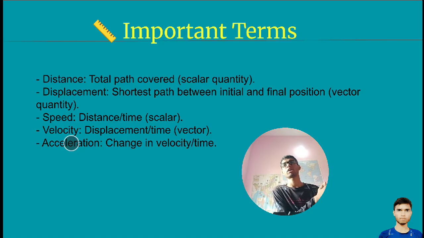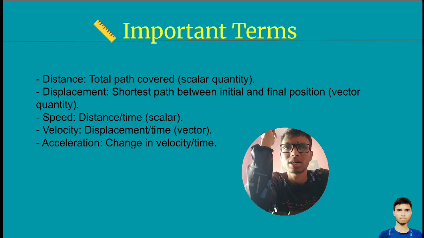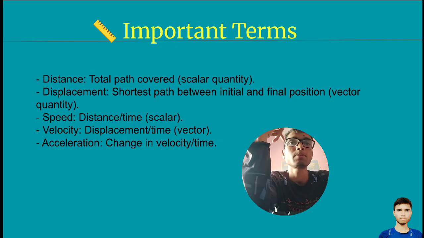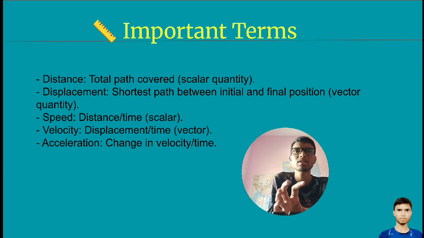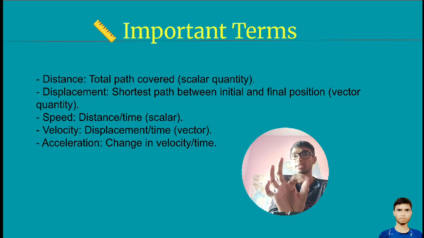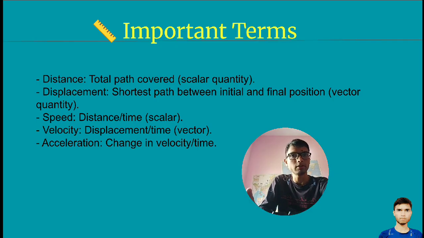In the case of calculating speed, distance is involved. Distance is a scalar. Distance and displacement both look similar, but as I told you, distance has only magnitude and displacement has a direction with the magnitude. This is the little difference between them.